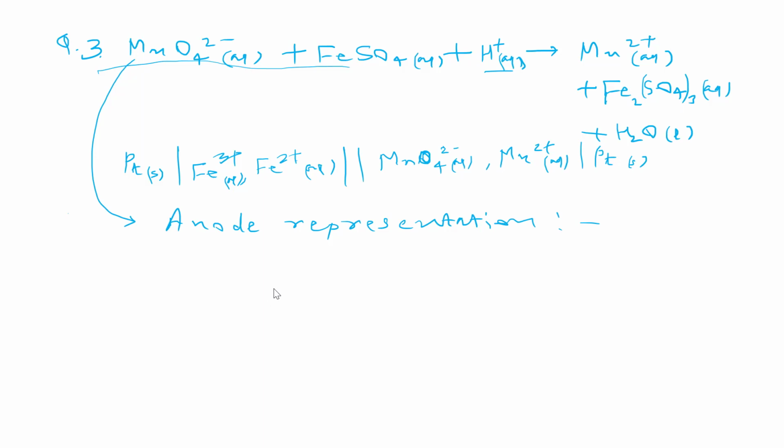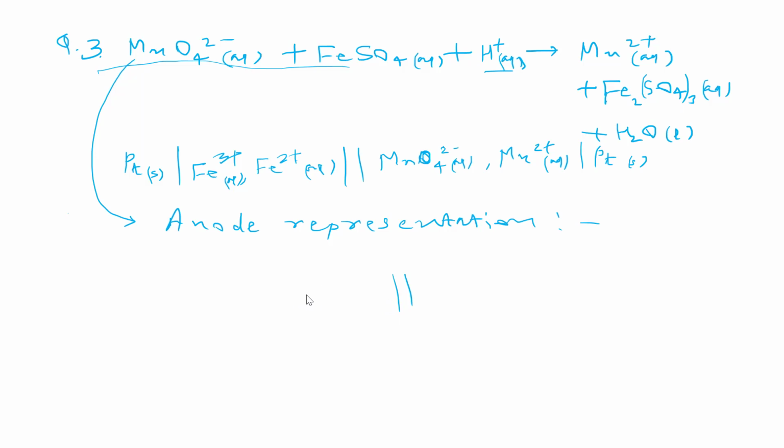No, I'm not asking about the reaction. You have to represent it like we are representing the complete cell. In the same way, we can represent the half cell also by IUPAC notation. So for representation of the anode, we make the salt bridge and then write these species, and we do not mention the cathode species. It is known as the anode half cell representation.